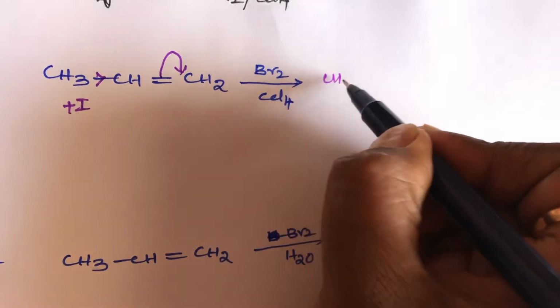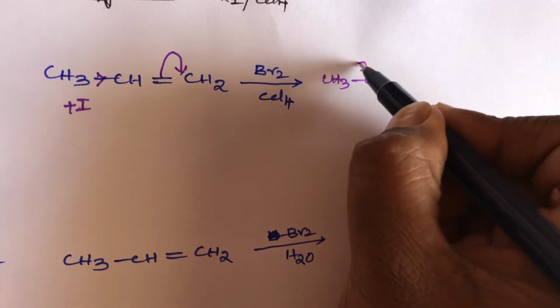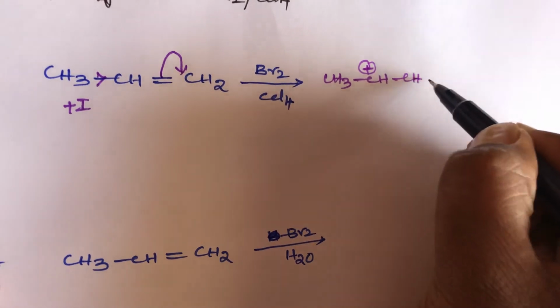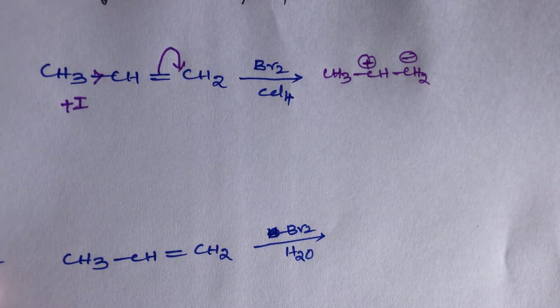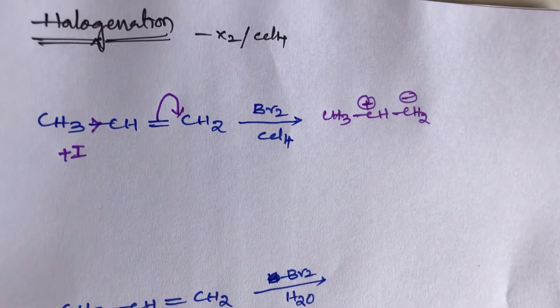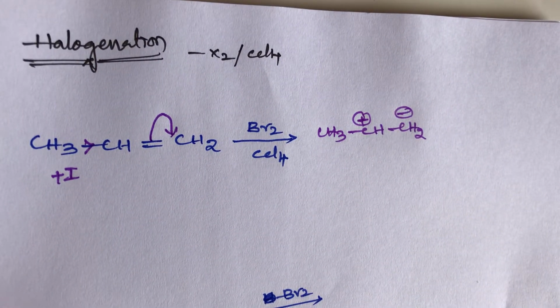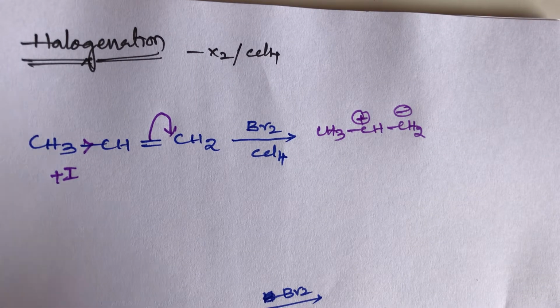So we get CH3 CH, this carbon getting positive charge and this carbon getting negative charge. Once again students, in an electrophilic addition reaction, the first attacker is the electrophile.